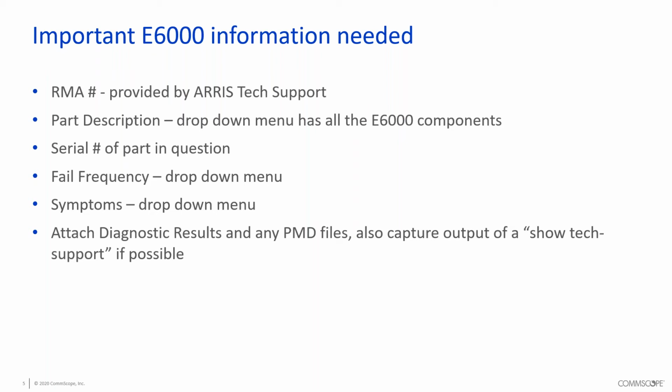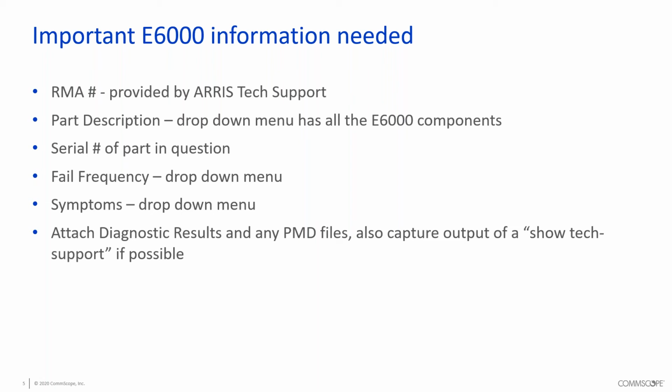You're going to need the serial number of that part in question. You'll need to state the fail frequency. There is a drop-down menu for that, so go ahead and select which one applies. For any symptoms that you've been seeing for that suspected bad piece of hardware, select the appropriate one from that drop-down menu.